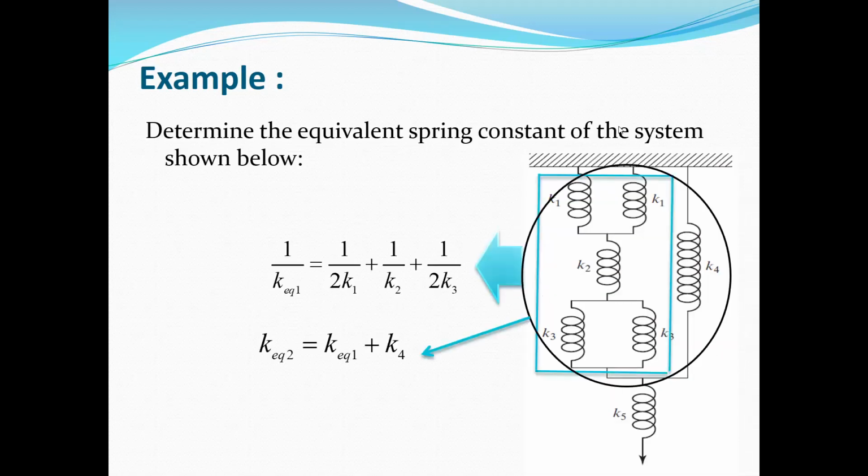And the equivalent for this part, which includes K4, is equal to K equivalent 1 plus K4. And finally, the total equivalent stiffness is 1 over K equivalent 2, which is obtained from the previous part, plus 1 over K5. So this is the total equivalent stiffness for this system. Is it clear?